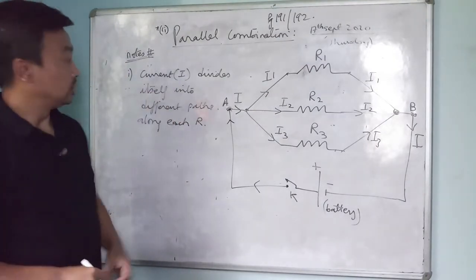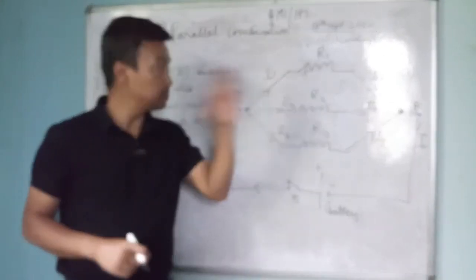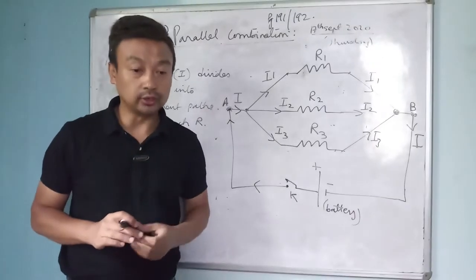Okay. Then what do you observe here is this current that is passing through each resistor will be inversely proportional to the resistance. It will be inversely proportional to the resistance.